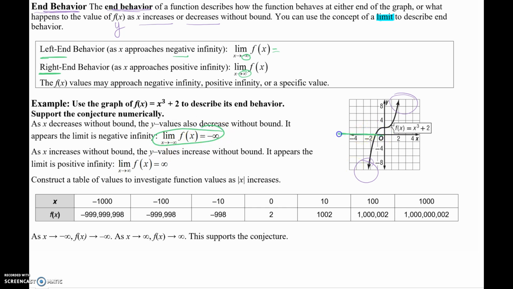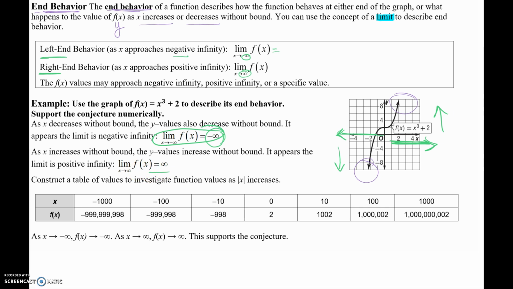So as our x values go down, it looks like our y values are also going down. So it's approaching negative infinity. And then we need to confirm the opposite way. So as x approaches positive infinity, it looks like our y values are also approaching positive infinity.